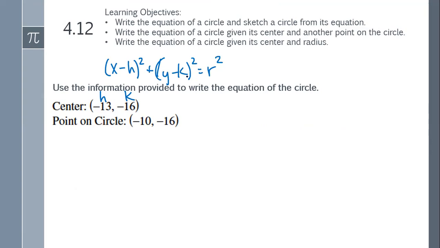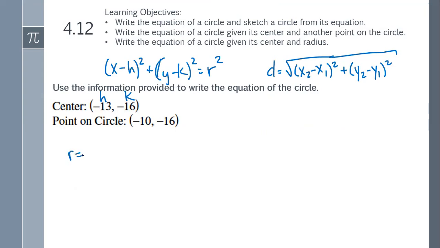By definition, the radius is the distance from the center of the circle to a point on the circle. So if I find the distance between these two points, I will have my radius. So the square root of (x2 minus x1) squared plus (y2 minus y1) squared. And again, it doesn't matter which one is point 1 or point 2, it all works out in the end.